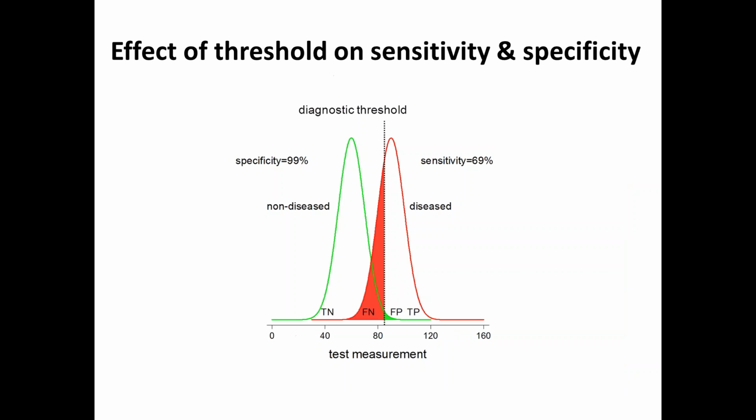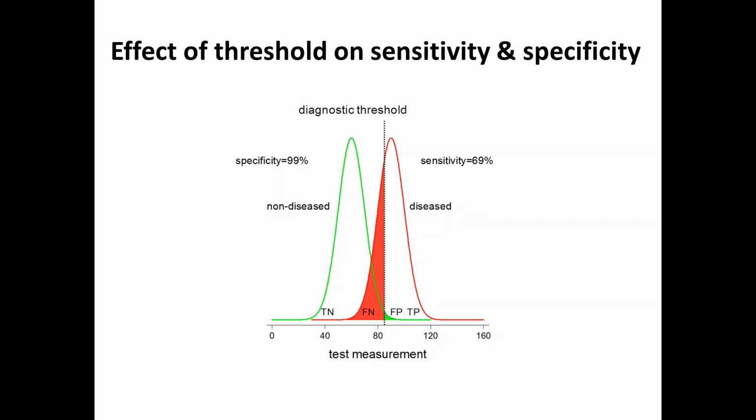So let's think a bit about threshold, because so far we've been talking about sensitivity and specificity and the 2x2 table as if the results of all tests are dichotomous, so they identify a patient as having or not having the disease. But we know that in reality, some tests do give us results that are not dichotomous.